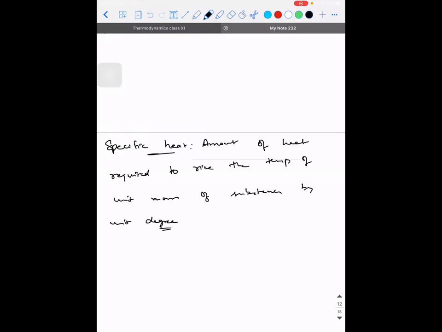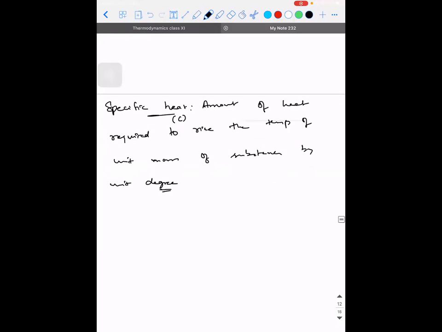That is, it can be 1 degree Celsius or 1 Kelvin. Anything is accepted. That is specific heat. It is represented by the symbol C. So if you simply call it specific heat capacity, then the important parameter you take into consideration is the mass of the substance.